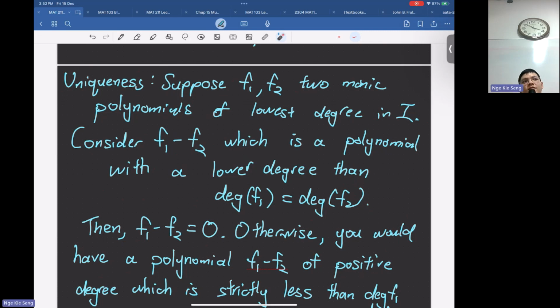It's vacuously true. No. Zero is inside my ring. So if I take zero, multiply with the generators in my ideal, I get zero. Zero is in my ring. Okay or not?